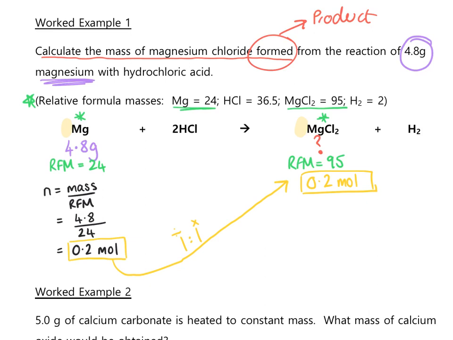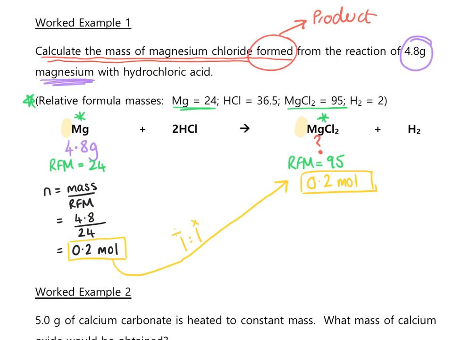And step number 5 is then to convert your number of moles that you've brought over to mass using the equation mass equals N times RFM. Because look back to what I underlined in red. I've been asked to calculate the mass of magnesium chloride formed. So if you need to remind yourself at this part of the calculation, what actually am I being asked to do?